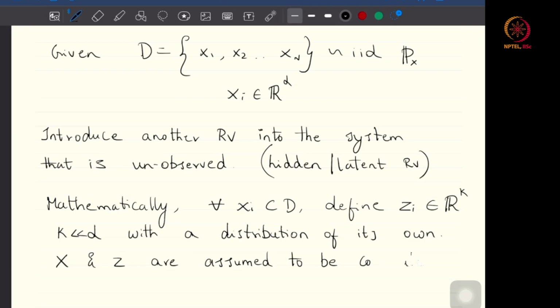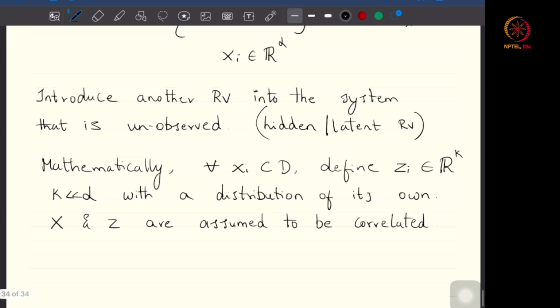Now this z, which is the latent variable, can be continuous or it can be discrete. Z can be continuous or discrete, it is again a design choice.